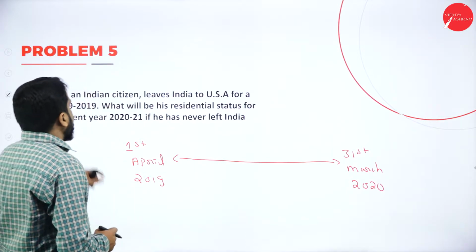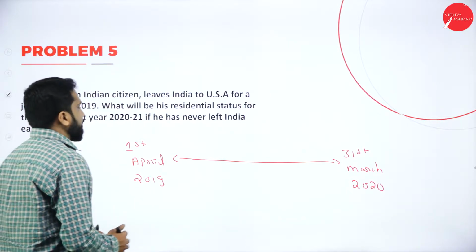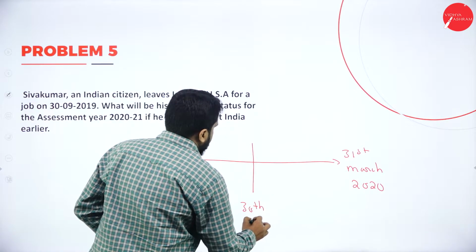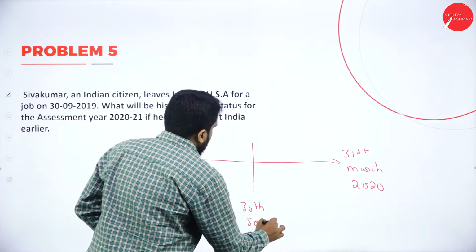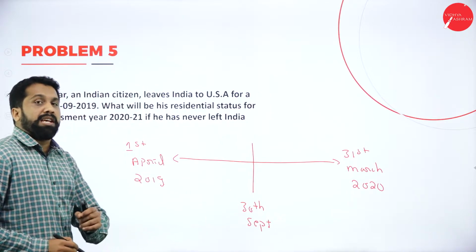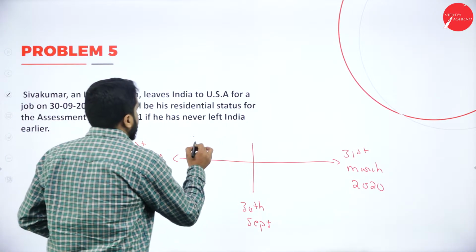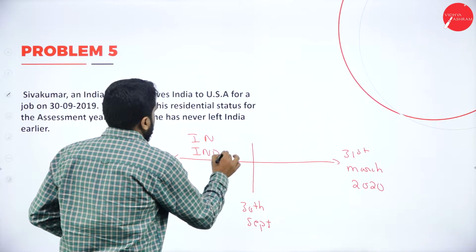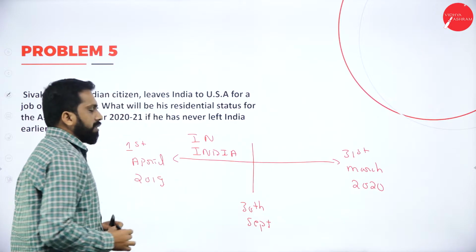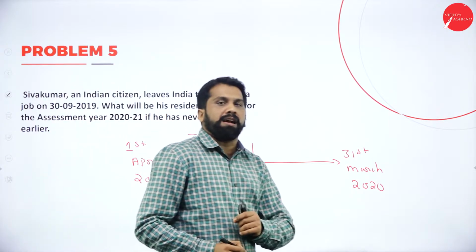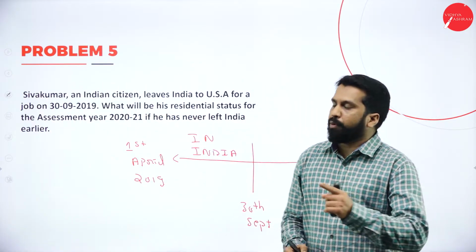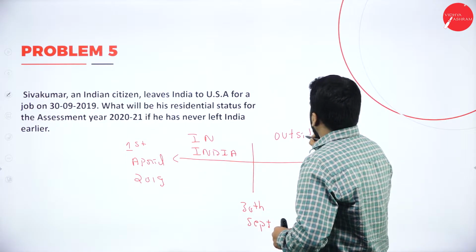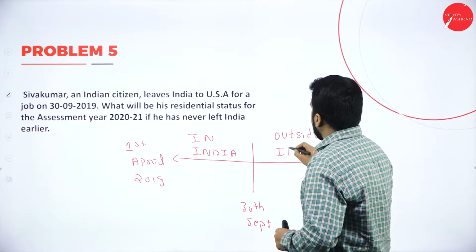Now, when he left to USA on 30th September, up to 30th September, he was in India. After 30th September, he was not in India, he was in abroad, outside India.